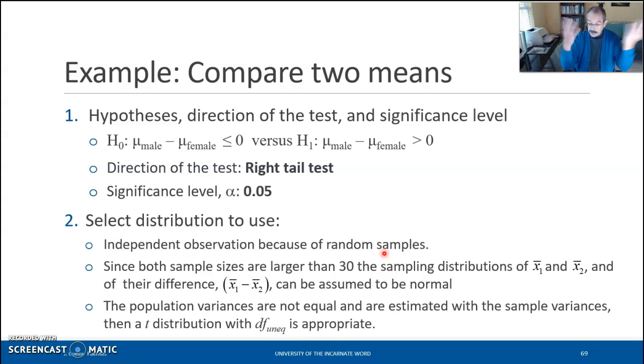And if those two are normal, the sampling distribution of the difference of those two will also be normal. Now, the population variances are not equal and are not known, and therefore we estimate them using the sample variances. All three of these things are telling us that we should be using the t-distribution with the degrees of freedom for unequal variances, because we're dealing with unequal variances.